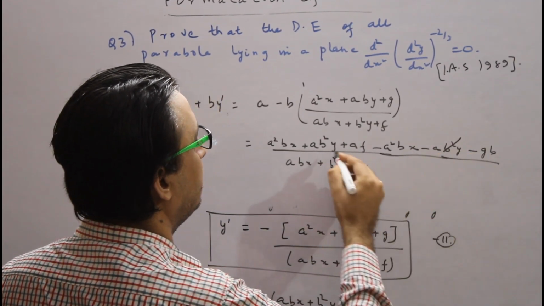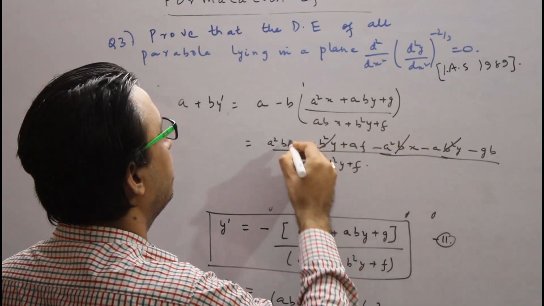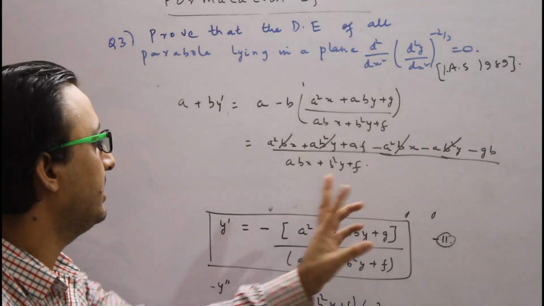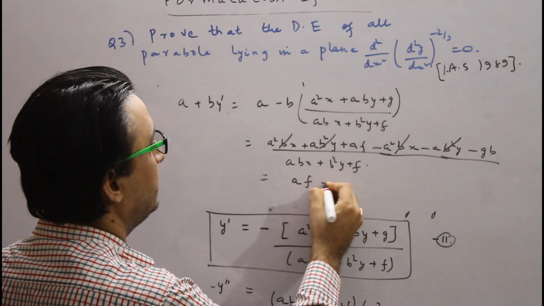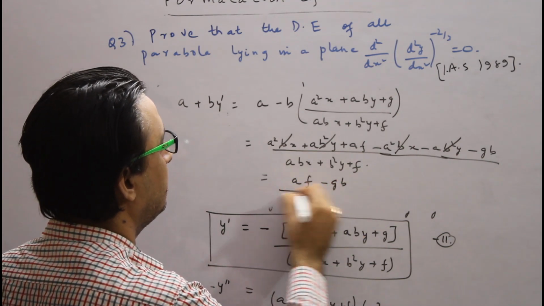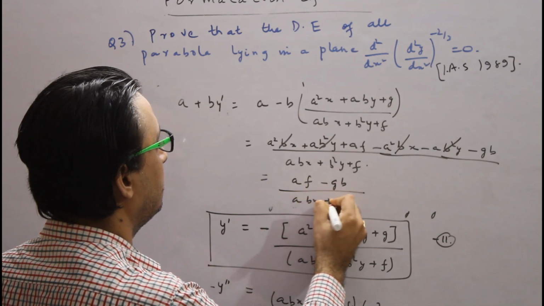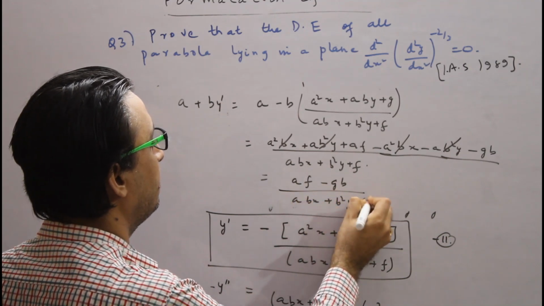So this one and this one will be cancelled, this one and this one will be cancelled. So what we get is certain things in simplified format here, b²y + f.